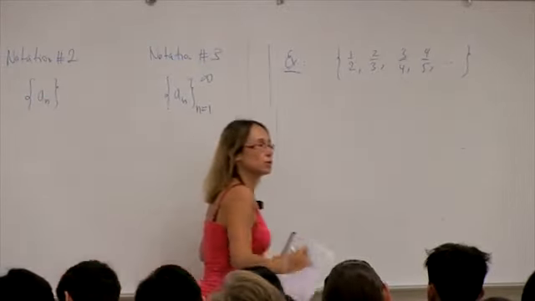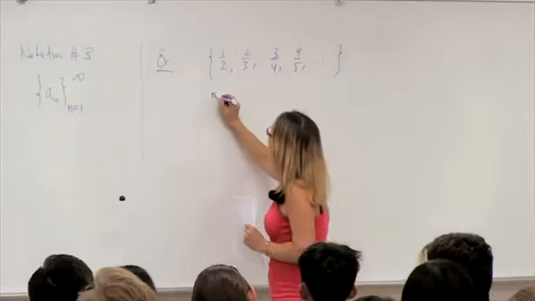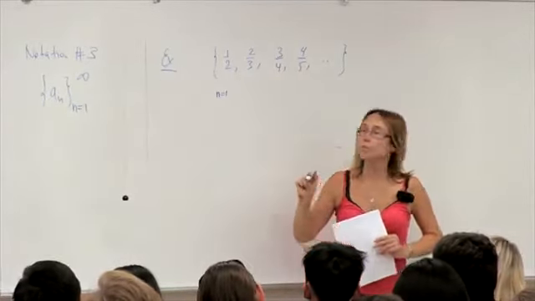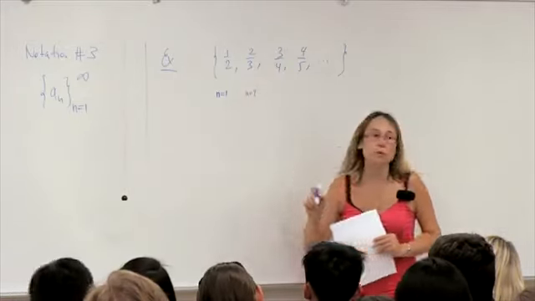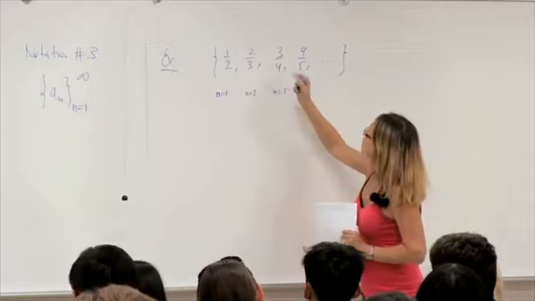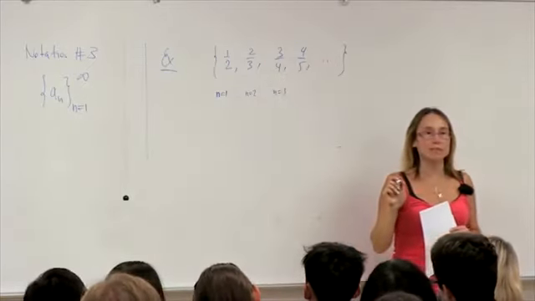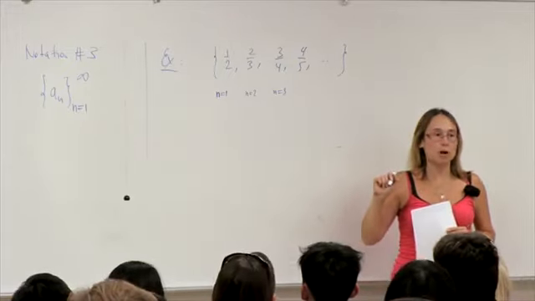So as you look at this, you can discern a pattern. What's the pattern? When n equals 1, the numerator is 1, and the denominator is 2. When n equals 2, the numerator is 2, and the denominator is 3. When n equals 3, you can see that the numerator is always given by n, and the denominator is that plus 1.